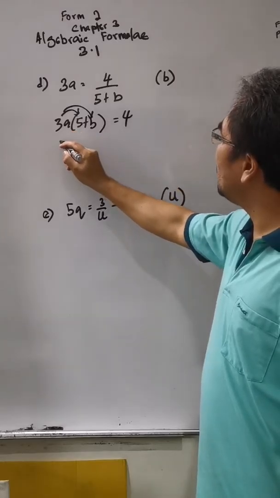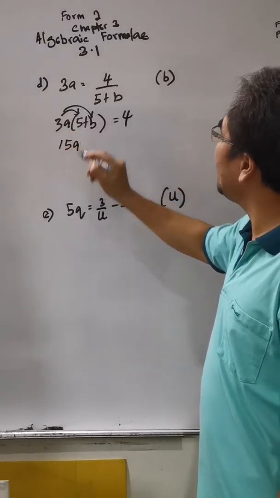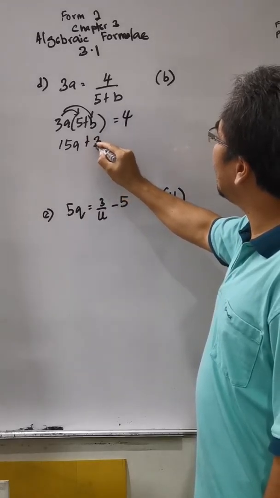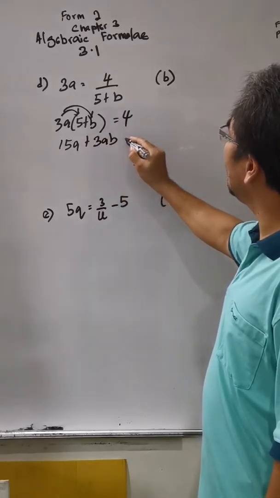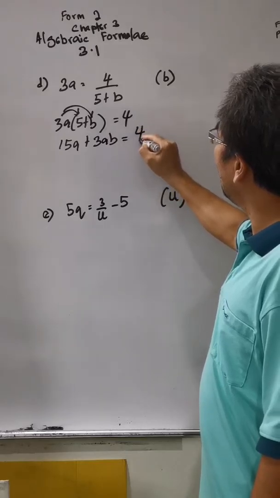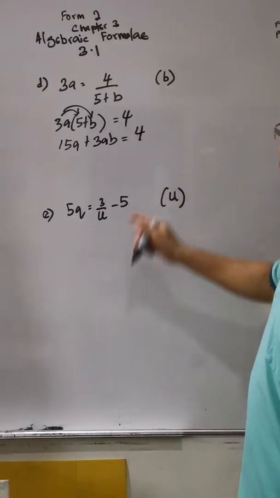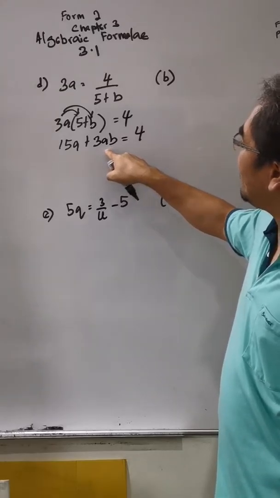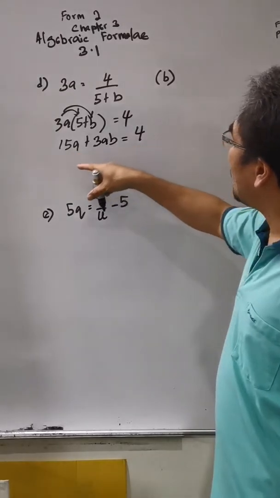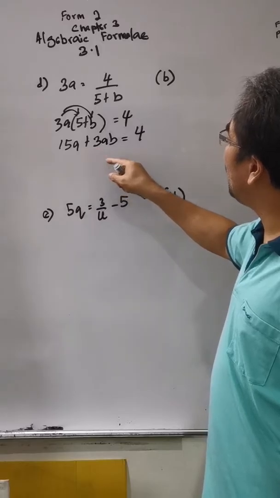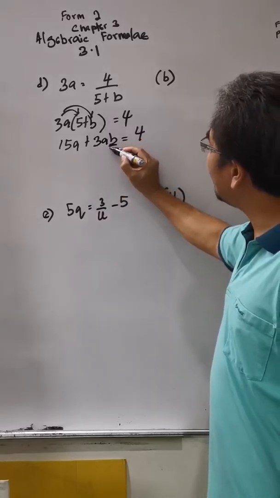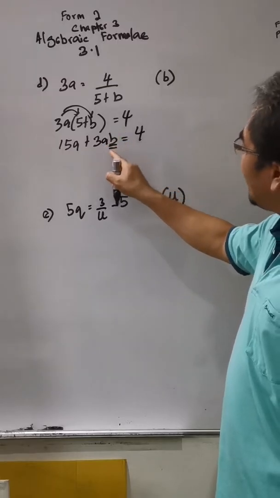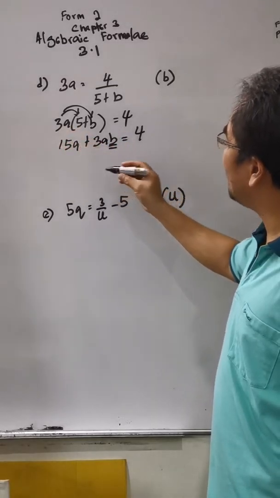3A times 5 will be 15A. 3A times B will be 3AB, equals 4. So B is only on this side. After you have everything on top, you have to move everything other than B. B with 3A is multiplied, which comes later, so you bring the 15A first.